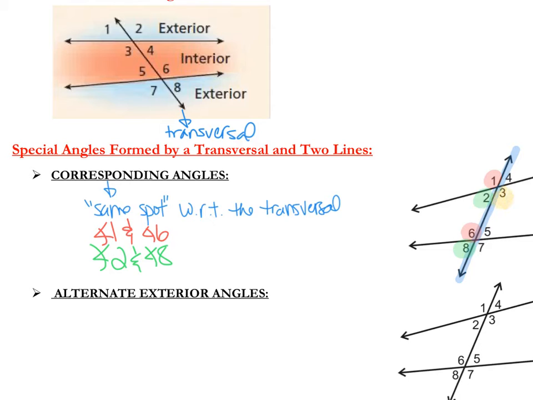So 3, same spot would be bottom right, so 7. So angle 3 and angle 7 are considered corresponding angles. And finally, 4 and 5. So angle 4 and angle 5. Now, those numbers could be listed in a different order, meaning it doesn't have to go 1, 2, 3, 4. Just know it's the same location.